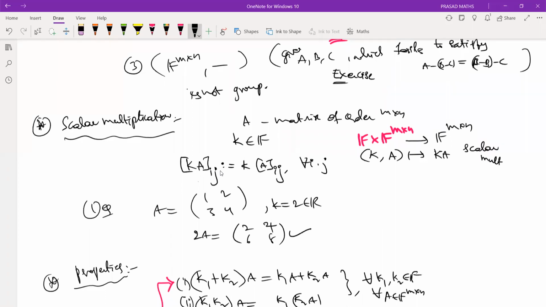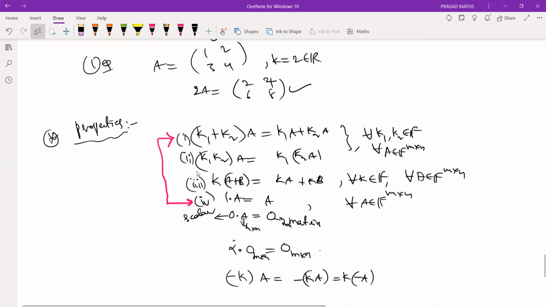It satisfies the scalar multiplication property. This scalar multiplication is a dot, and this dot is a function.